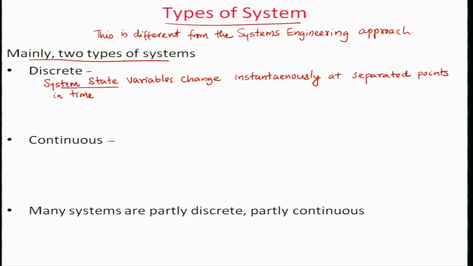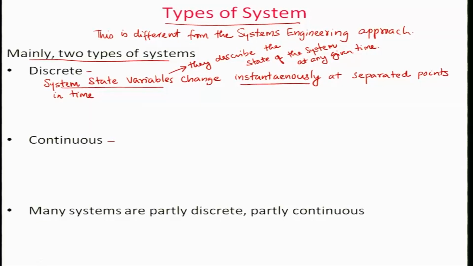Remember we studied what a system state variable is. These variables describe the state of the system at any given time. That is a system state variable. So, these state variables change instantaneously, quickly, at separated points in time.